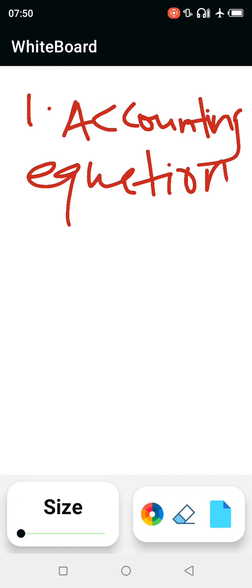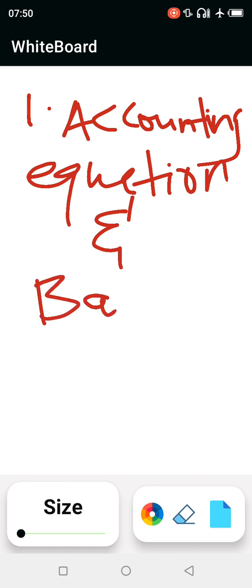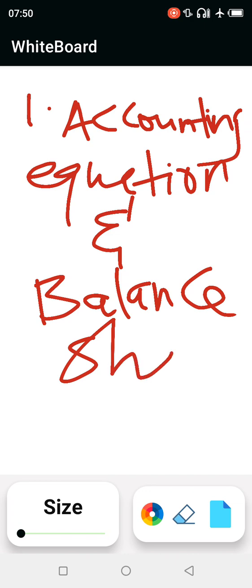We're looking at accounting equation and also balance sheet. So accounting equation and balance sheet.